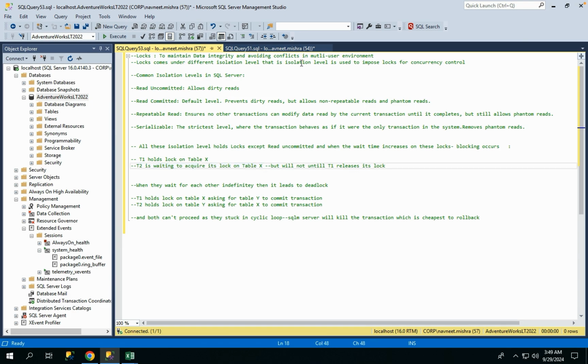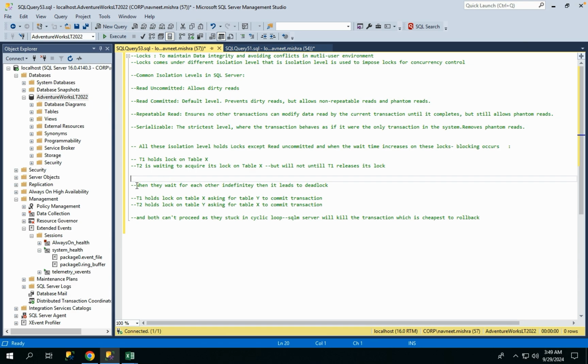This is how conflicts are avoided in a multi-user environment by imposing locks. When the lock time increases, it causes blocking. So it is very clear how blocking is related to locking.